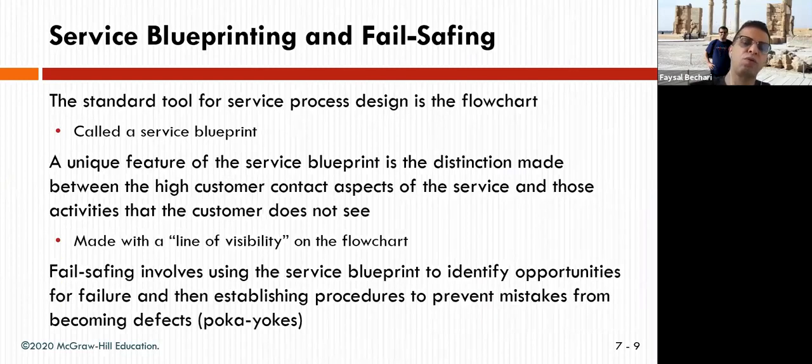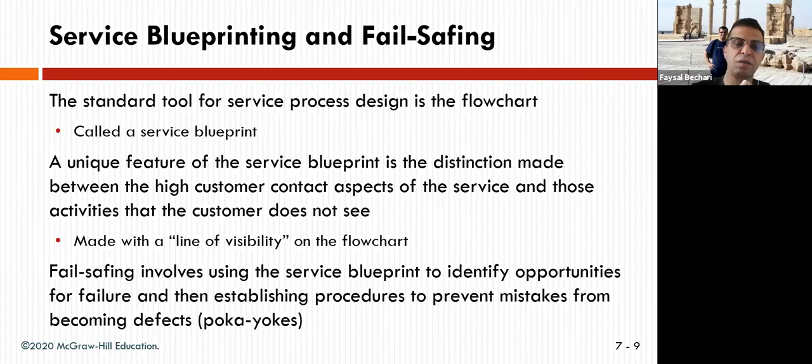When you create a service, before that, there is a service blueprint, which is the flow chart of how the service is happening, where things might go wrong, and what you are supposed to do if something goes wrong, which is called fail saving.